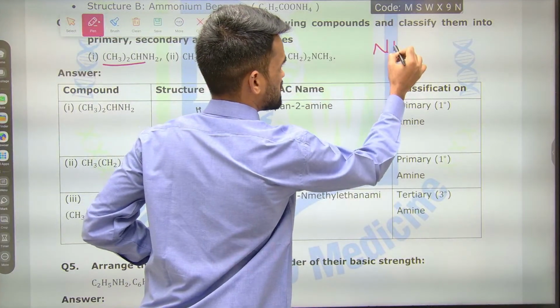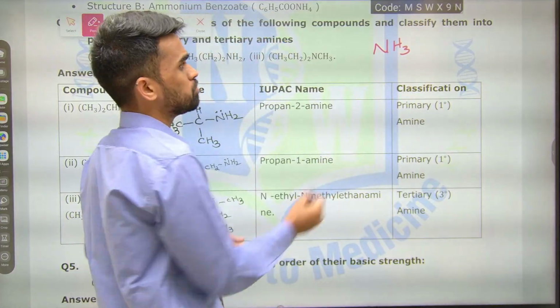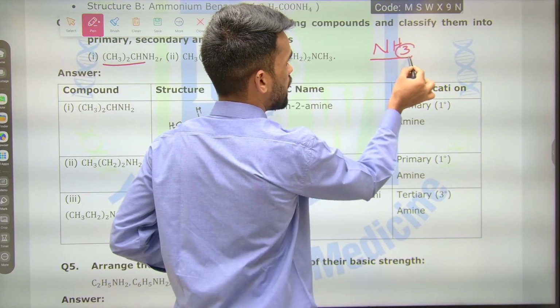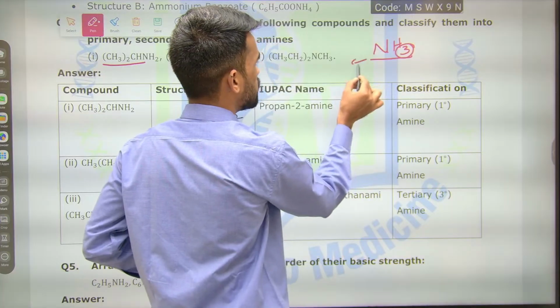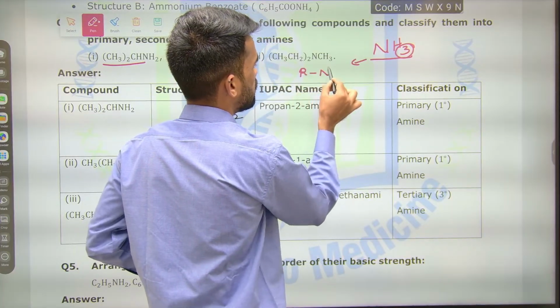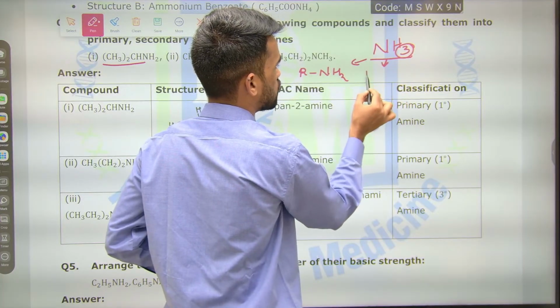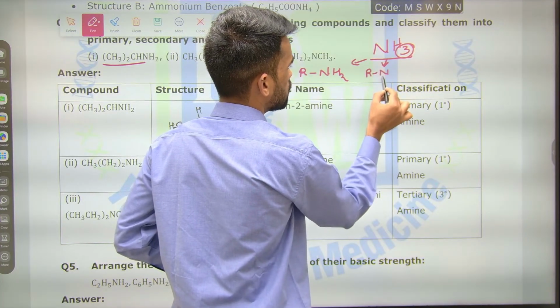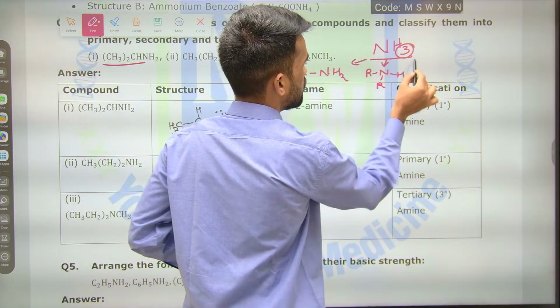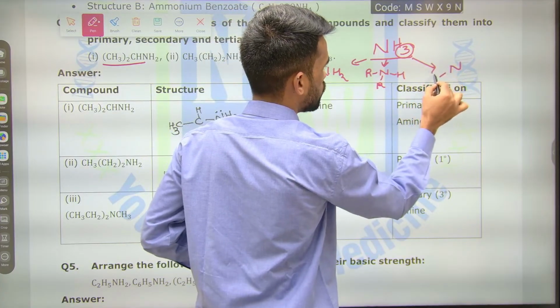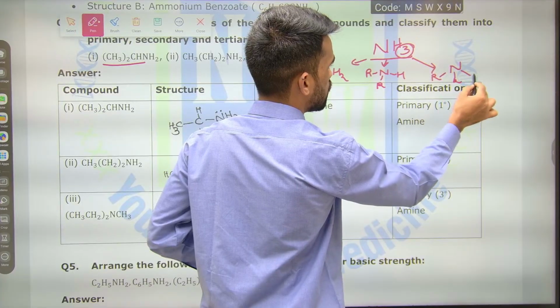From this ammonia, if you replace one hydrogen with one alkyl group, you get RNH2. If you replace two hydrogens with alkyl groups, you get R2NH.